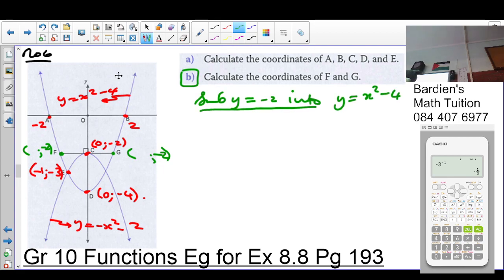So we now say -2 is equal to x squared minus 4. So what do I do now? Take the 4 over the equal sign. So -2 plus 4 is 2. So x squared is equal to 2. Now what do I do? Square root. By the square root, what must I not forget? Plus minus.